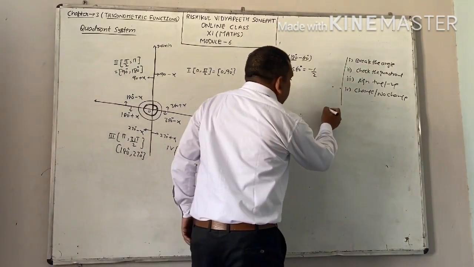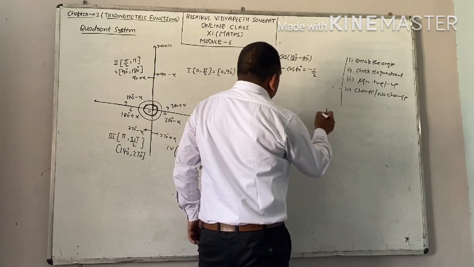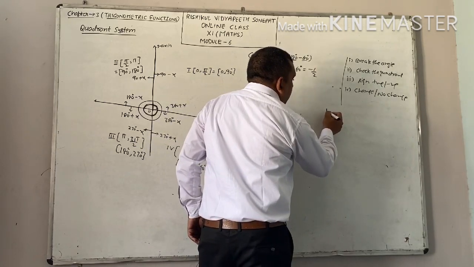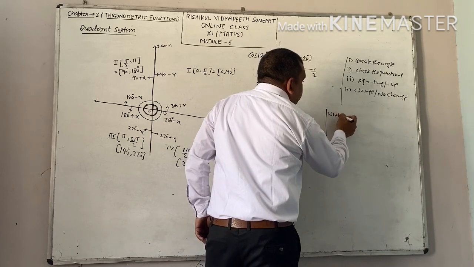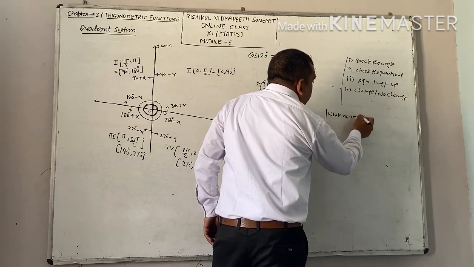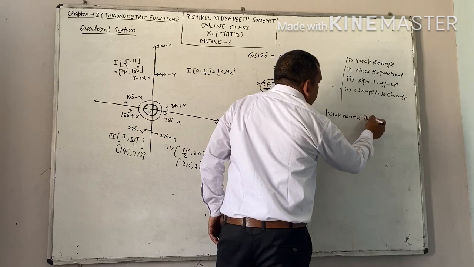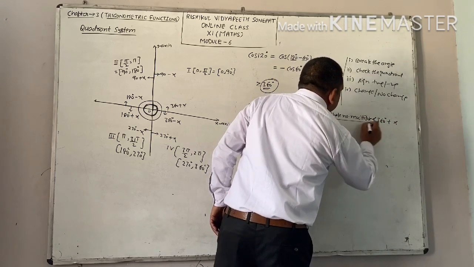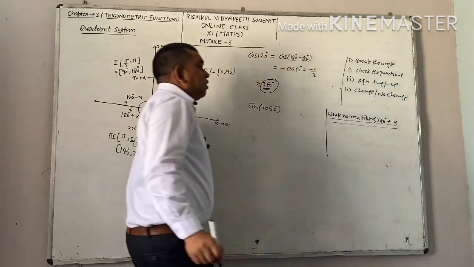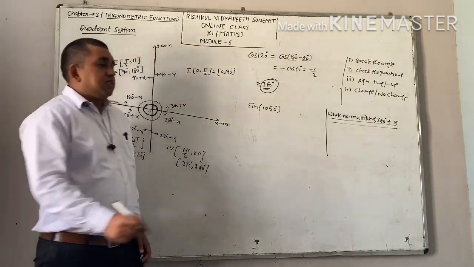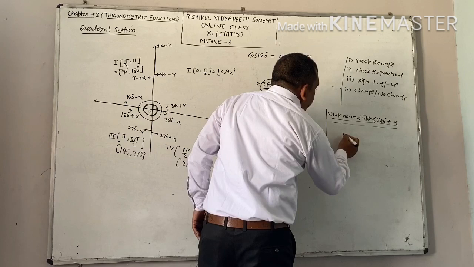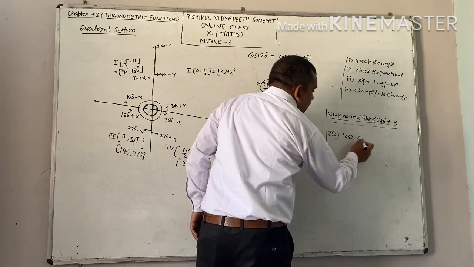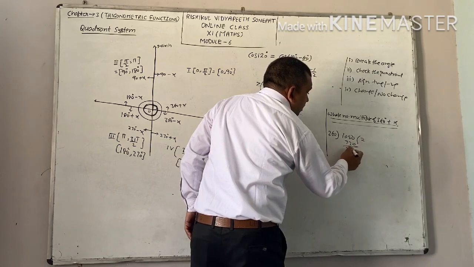Procedure is, you will write down the angle in the form whole number multiple of 360 degree plus x, right? How will you write down? Divide 1050 by 360. You will get 330.